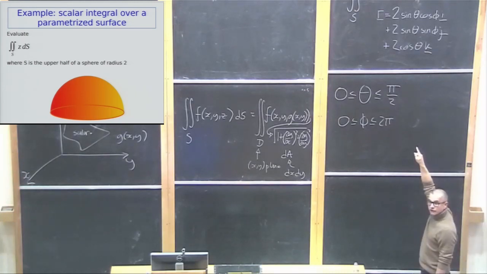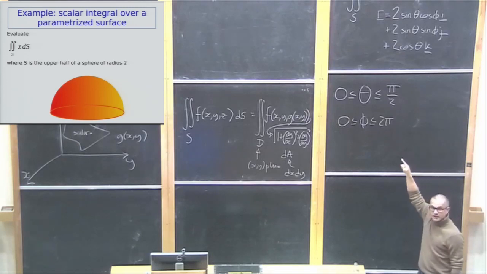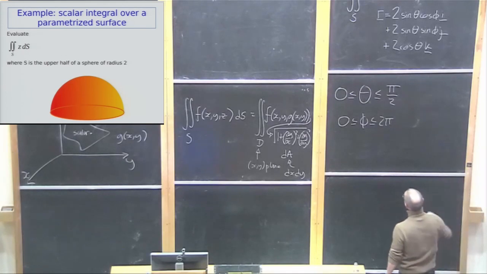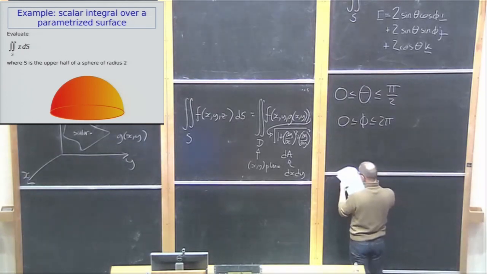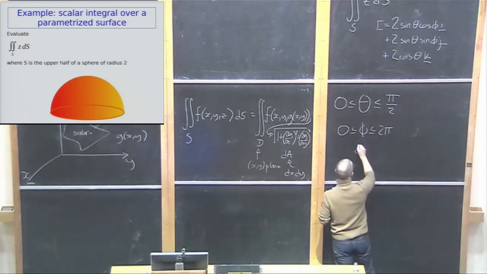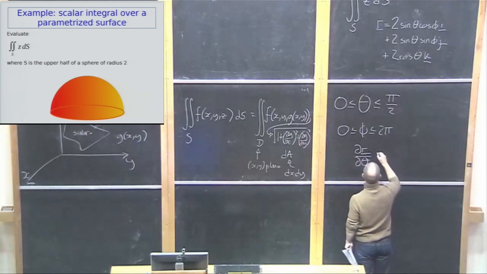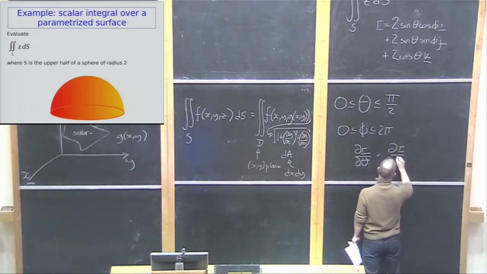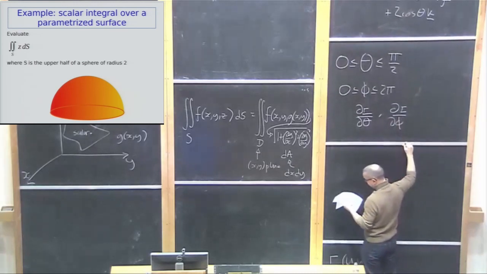We take the cross product of r differentiated with respect to u with r differentiated with respect to v. In this case, u and v are phi and theta. So what we want to do is take the derivative of r with respect to theta, and the derivative of r with respect to phi.